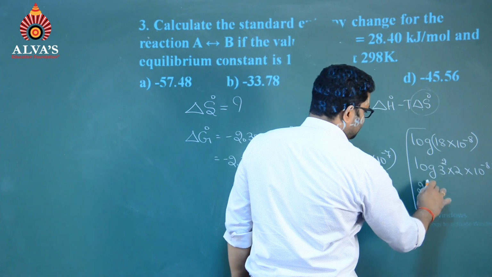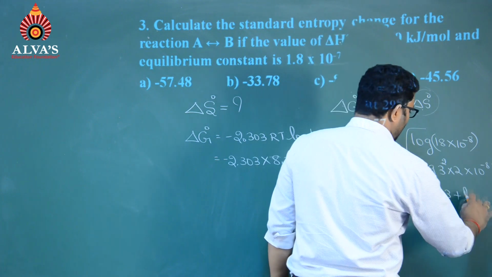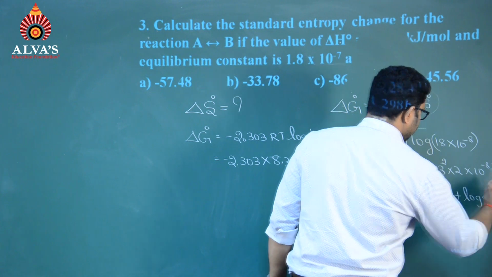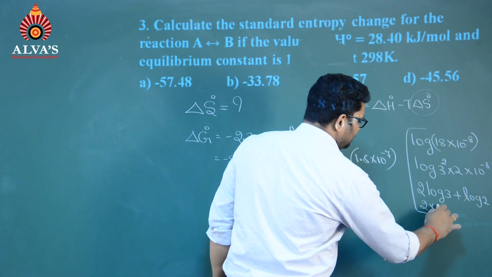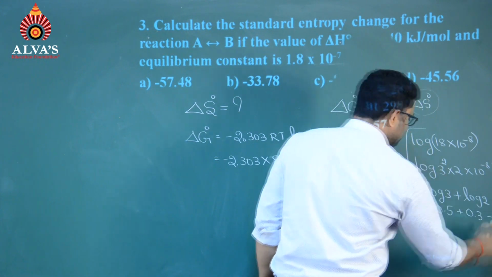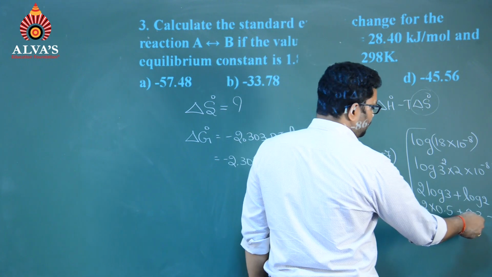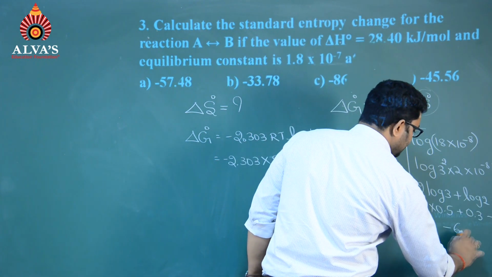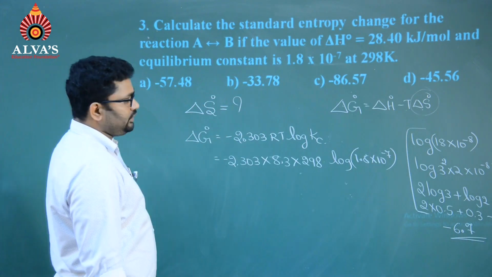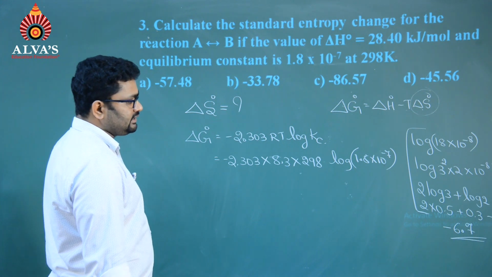Now, this will become 2 log 3 plus log 2 and 10 to the power minus 8 is minus 8. Now, 2 into log 3 value is 0.5, log 2 value is 0.3, and minus 8. 2 into 0.5 is 1, 1.3 minus 8 is minus 6.7. The value of log 1.8 into 10 to the power minus 7 is minus 6.7.